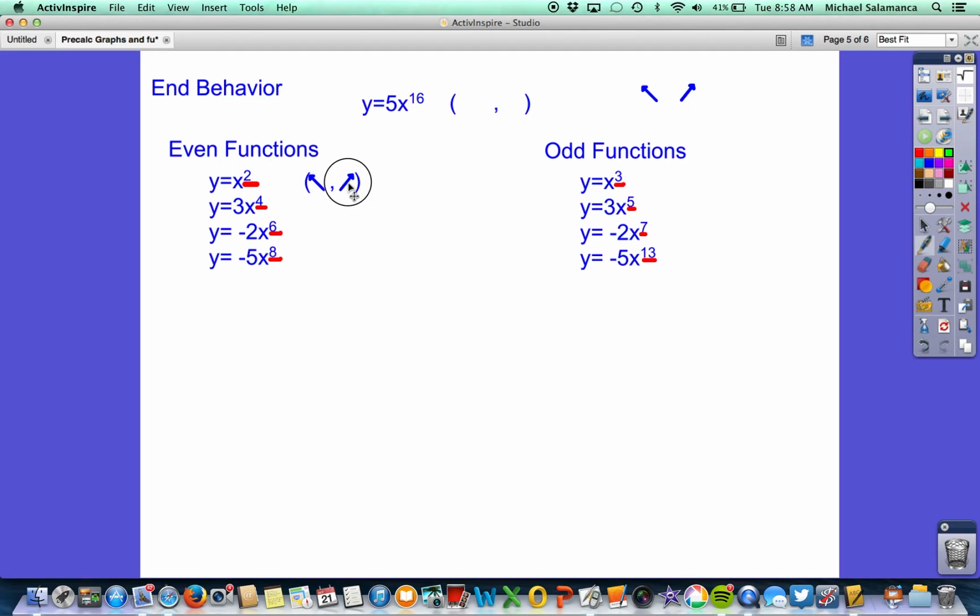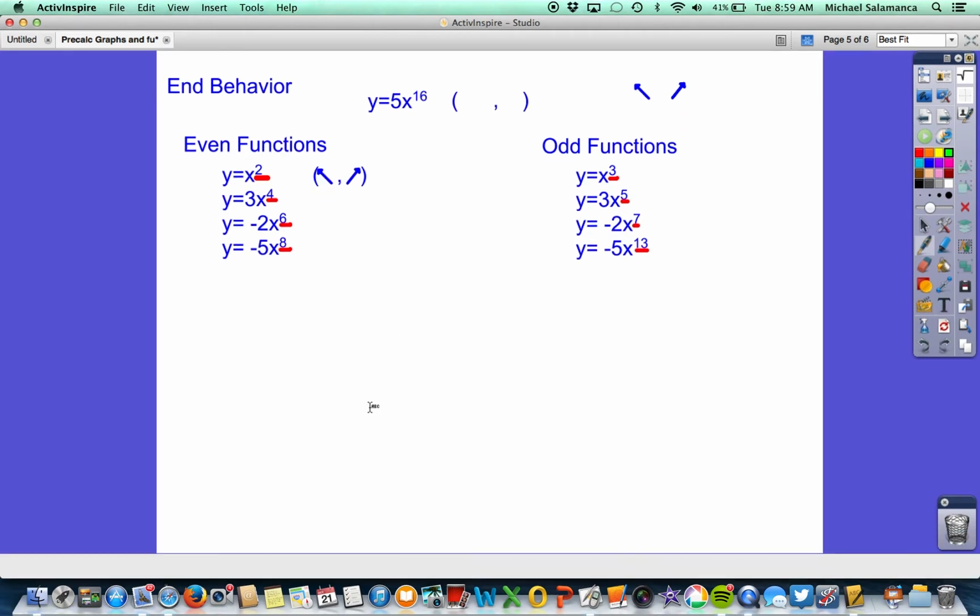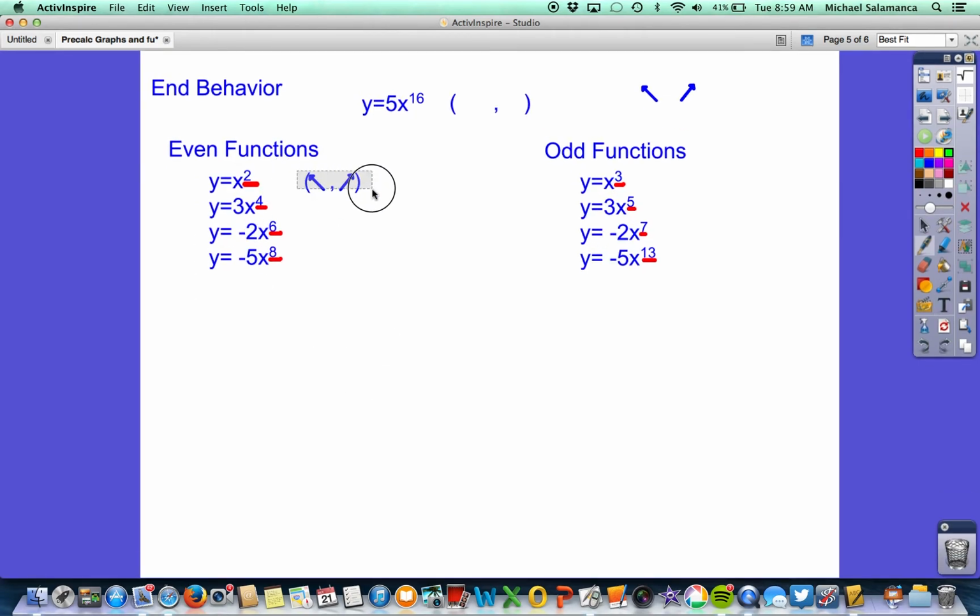The only thing is it's not showing you the middle, but that's the gist of it. All even functions look like that. So for y equals 3x to the fourth, the second one, it's actually the same exact end behavior. The third one, however, is a little bit different.